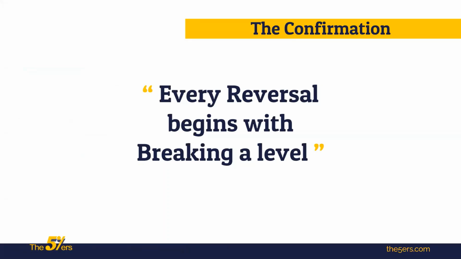Every reversal begins by breaking a level. What does that mean? The market never respects a level forever. This is why I don't like the concept of trend lines or support and resistance, because they don't provide enough information about where these levels are going to break.